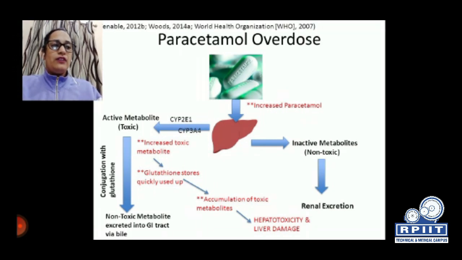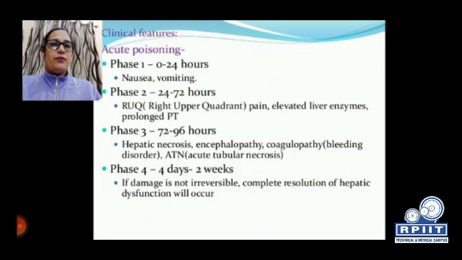The active metabolite N-acetyl para-benzoquinone imine, NAPQI, is the toxic metabolite of paracetamol. It accumulates when conjugation with glutathione is exhausted and it causes hepatotoxicity and liver damage.